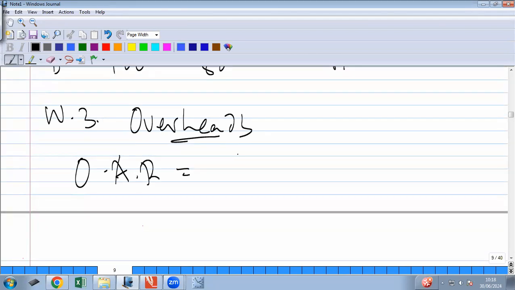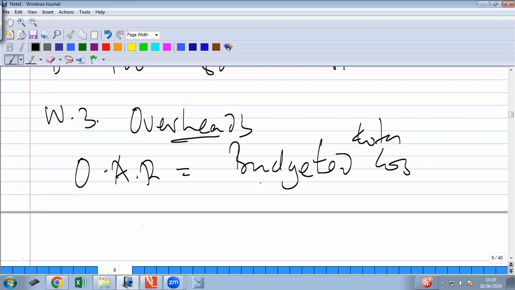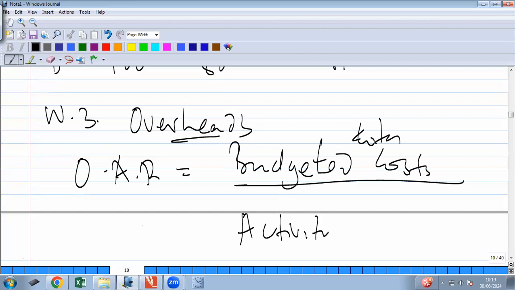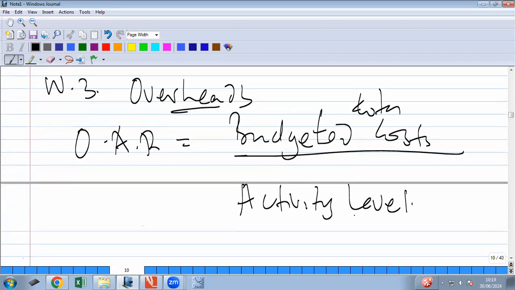So here we have said this is budgeted costs, total costs over the activity level. And here for activity level, we are interested in labor hours for this particular one. They gave us 2, but we are saying our focus is the labor hours.